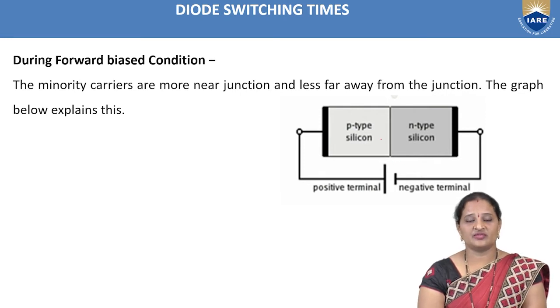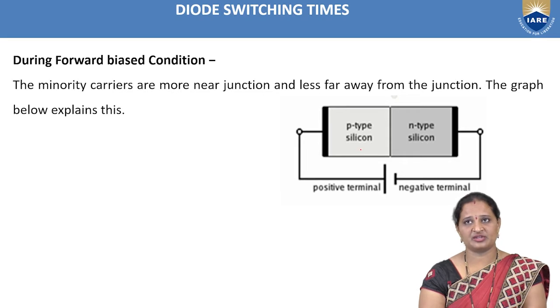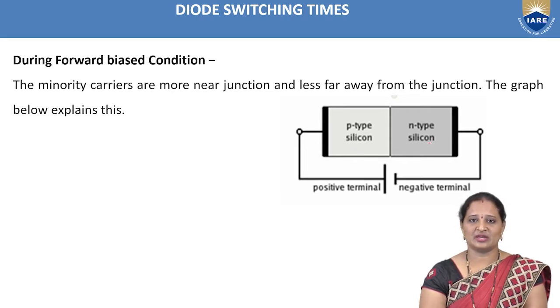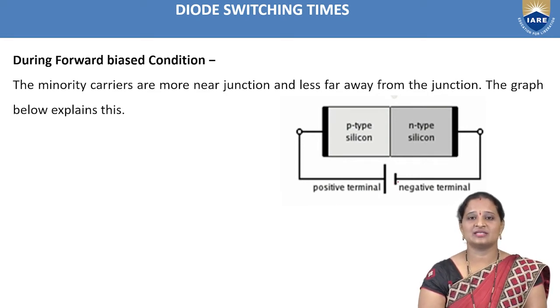A PN junction diode consists of P-type and N-type semiconducting material. If we connect the positive terminal of the battery to the P-type material and the negative terminal of the battery to the N-type material, then the biasing applied is called forward biasing.